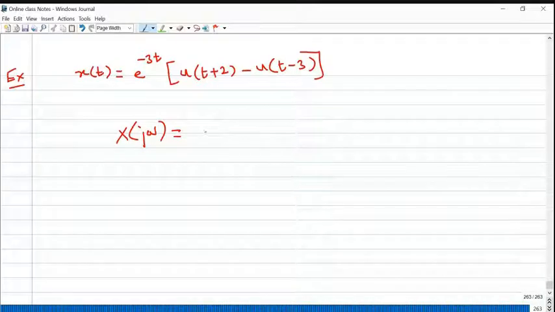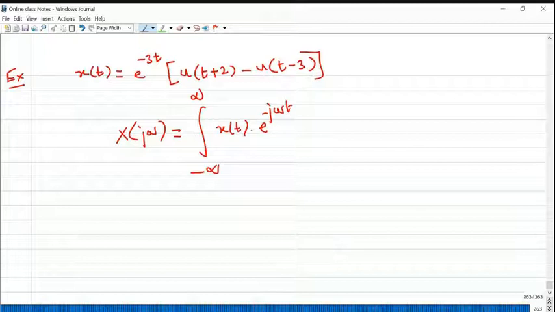In general, the Fourier transform of a continuous time signal is X of j omega equal to the integral from minus infinity to infinity of x of t e power minus j omega t dt. For this particular signal, what is the integration limit? That we have to find out first.